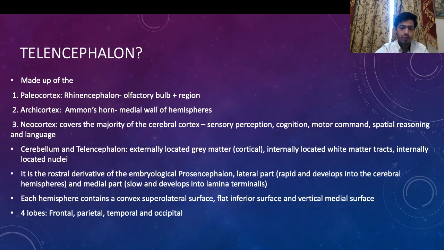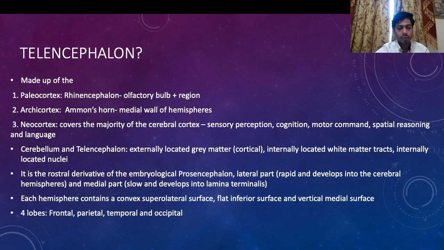In terms of describing physically what we would see in the telencephalon, each hemisphere contains a convex superolateral surface, a flat inferior surface and a vertical medial surface. You're all going to see in the following slides what I mean by that.